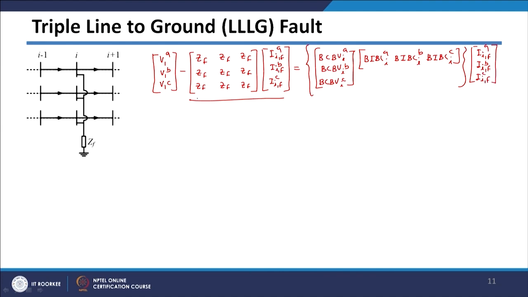Now we can take this term to the right hand side and take the fault currents common. So we can get this matrix here.